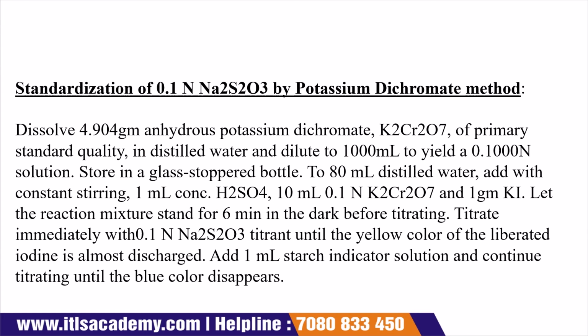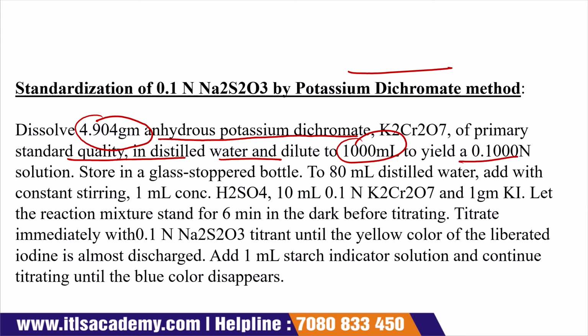Now the next reagent that we require is a standard 0.1 normal Na2S2O3 standardized by potassium dichromate. For this we take 4.904 gram of anhydrous potassium dichromate, K2Cr2O7, of primary standard quality, in distilled water, and dilute it to 1 liter to yield a 0.1000 normal solution.